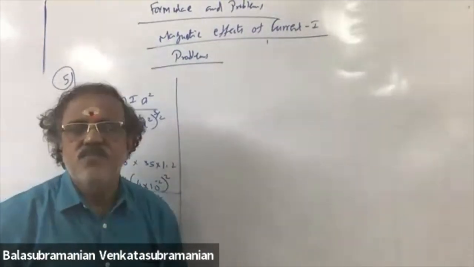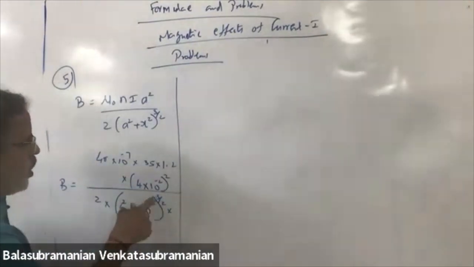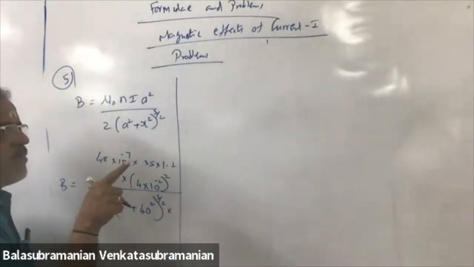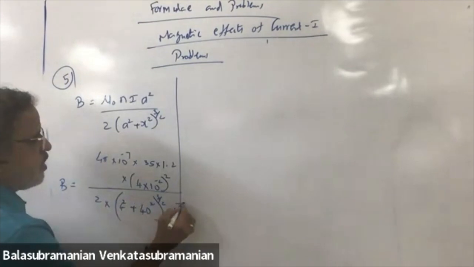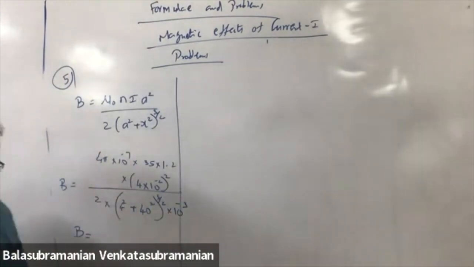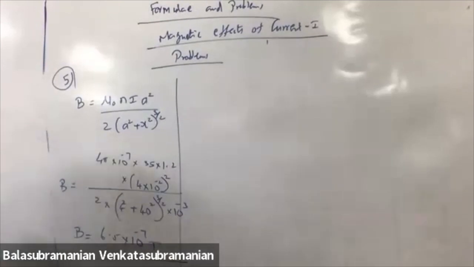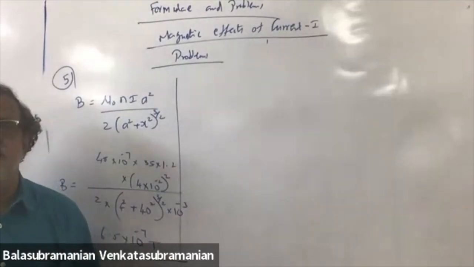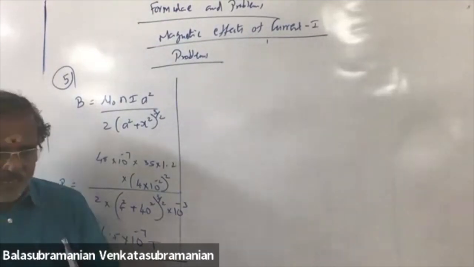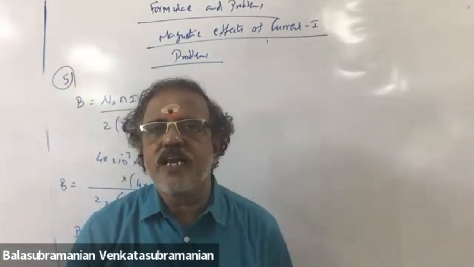Centimeter is given, centimeter is 10 power minus 2, whole power 3 by 2. 10 power minus 6 by 2. 10 power minus 3. Simplify, you are getting 6.5 into 10 power minus 7 Tesla. Magnetic induction at a point along the axis of a circular coil carrying current.